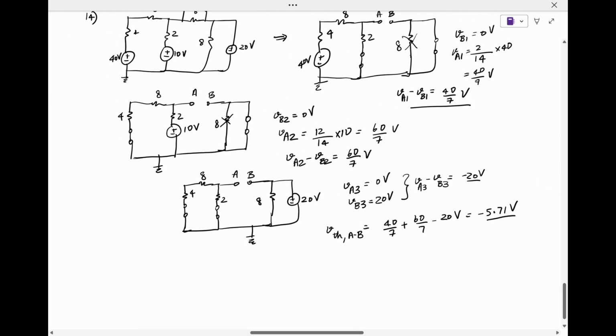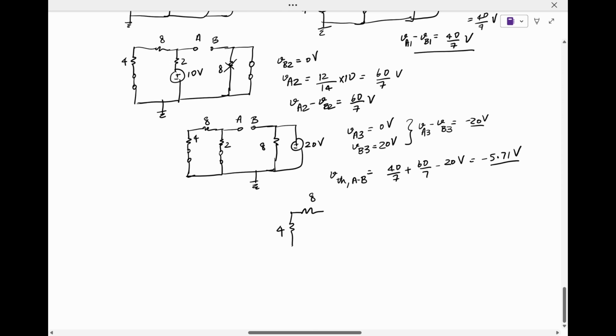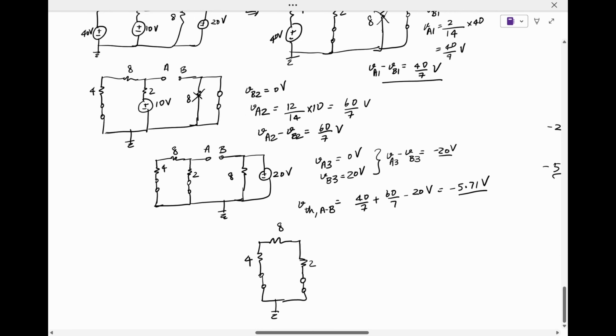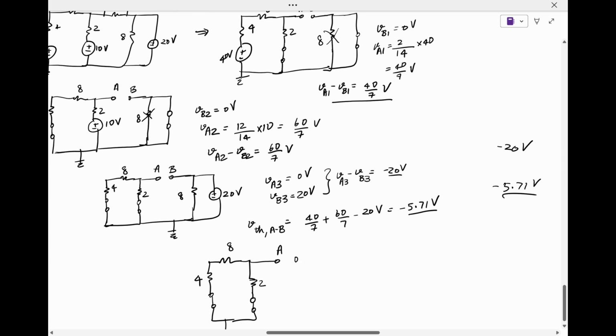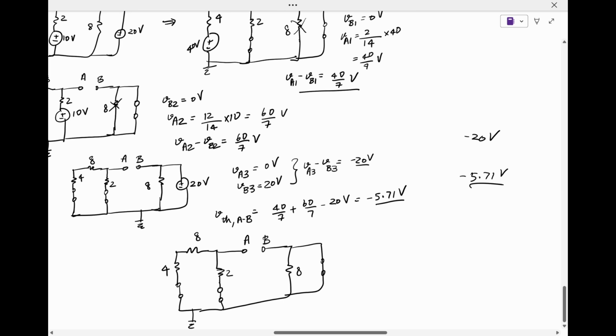what is the Thevenin resistance looking into the terminals A and B? To calculate that, we basically short all the voltage sources. So it becomes basically 12 ohms, 8 and 4 in parallel with 2.